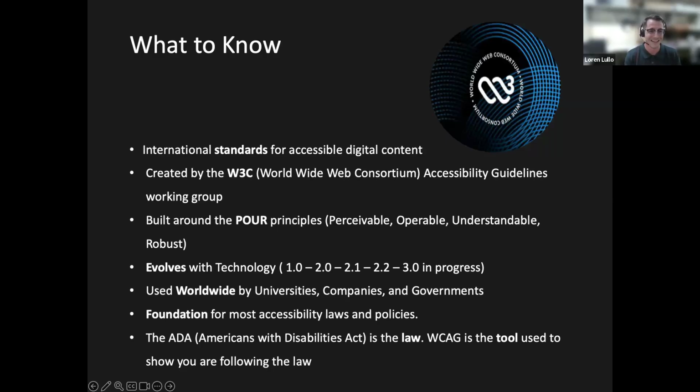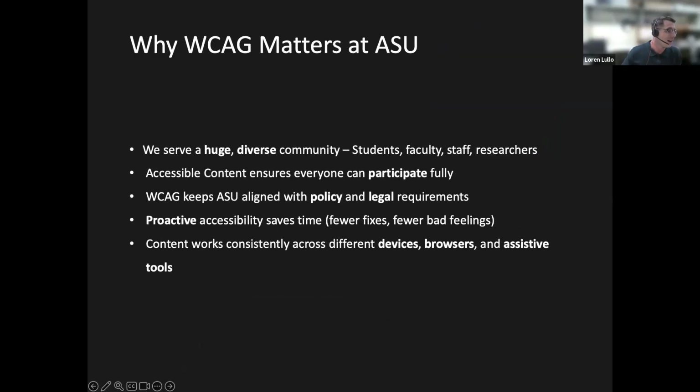So let's go next. Why it matters here at ASU. A lot of this is pretty obvious. We serve a huge, diverse community, people from all over, all different walks of life and abilities. In essence, what makes ASU great is inclusivity and helping everyone succeed, regardless of if there's some small barrier standing in their way.